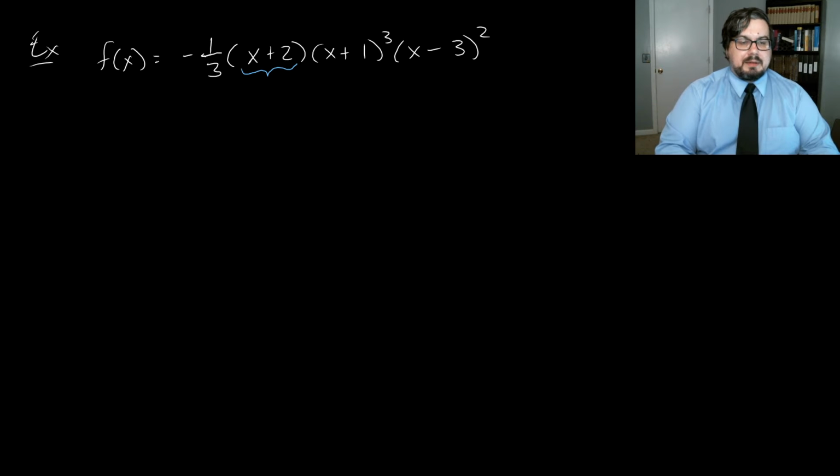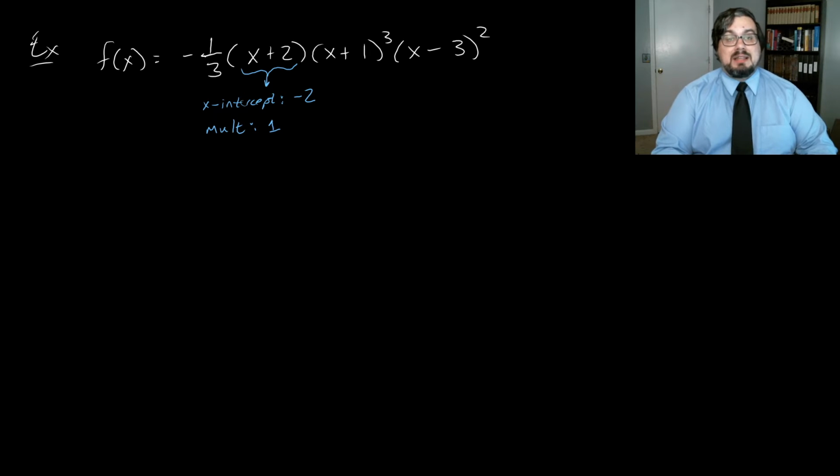So we can see from here that we have an intercept at -2, because if we plug -2 into this factor, we'd get 0. And we see that it has a multiplicity of 1, because this factor of x plus 2 has a power of 1.